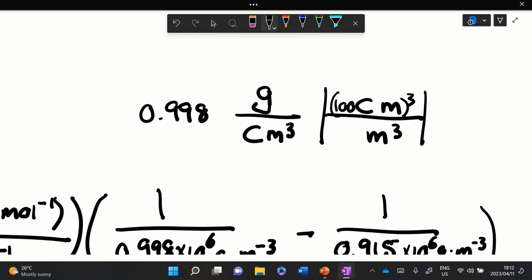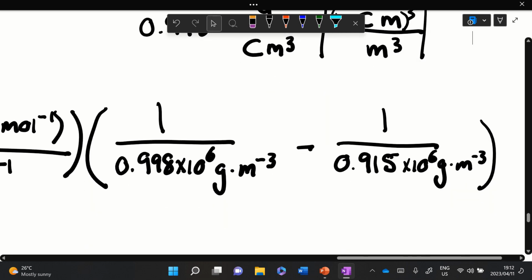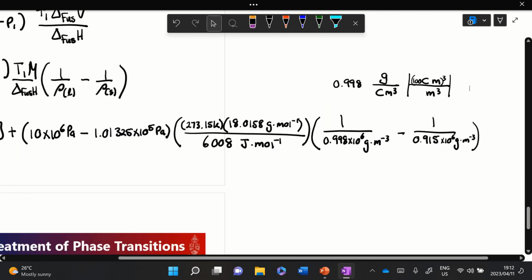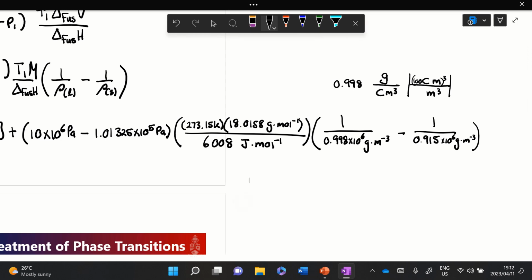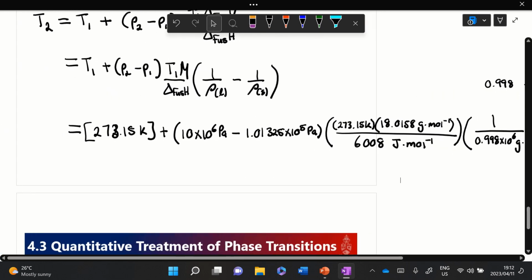You put the cubes where they are. How I got that is if you have 100 cubed, it becomes 10 to the power 6. You multiply it by that, and then you know what the factor is. So the centimeter cubes cancel out, and you're left with per meter cubed and a factor of 10 to the power 6.